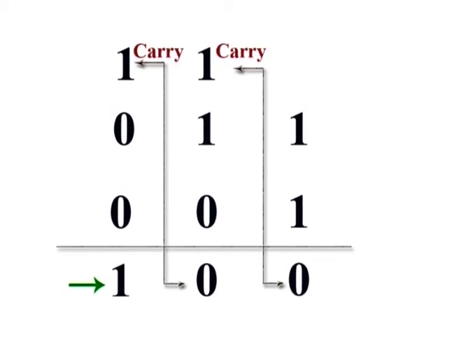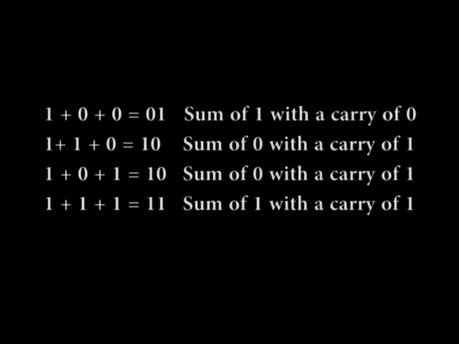This situation is illustrated as follows: 1 plus 0 plus 0 is equal to 01, sum of 1 with a carry of 0. 1 plus 1 plus 0 is equal to 10, that is, sum of 0 with a carry of 1. 1 plus 0 plus 1 is equal to 10, sum of 0 with a carry of 1, and finally 1 plus 1 plus 1 is equal to 11, sum of 1 with a carry of 1.